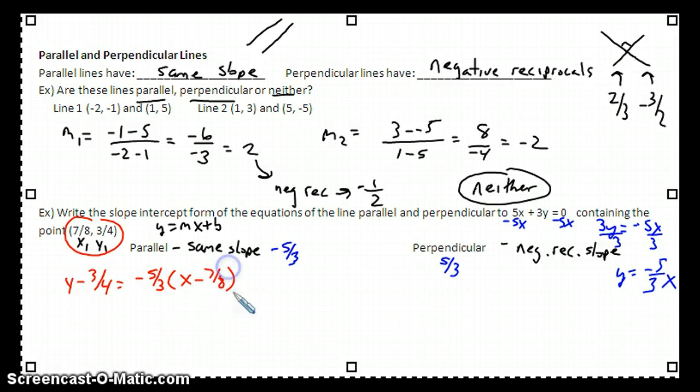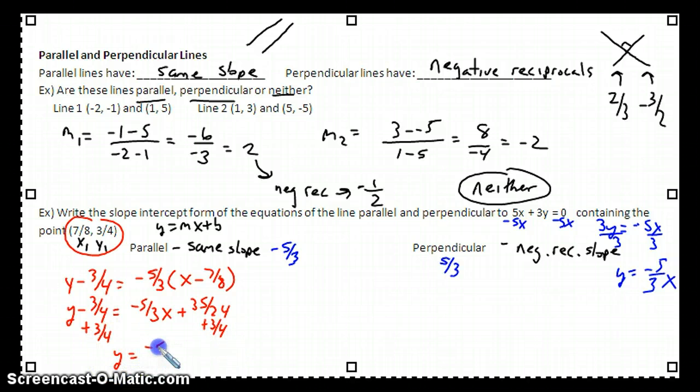And then I'm going to have to use the distributive property. That's going to end up giving me 35 over 24. And then we'll add 3/4. And y would be equal then to negative 5/3 x plus 53 over 24.